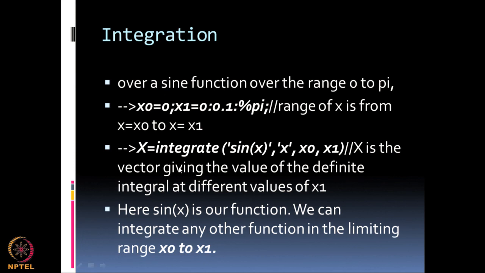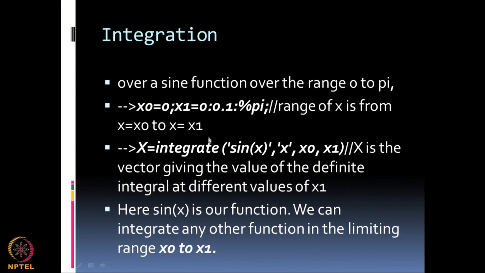Now, before I conclude, I will do a small integration of sin x. What I want to do is integrate a sine function over the range from 0 to pi. So, x0 is equal to 0, and x1 goes from 0 with spacing 0.1 up to percentage pi, that is pi. So, x1 is a variable which goes from 0 to pi, and x0 is my starting point.